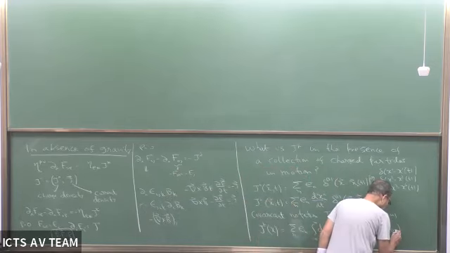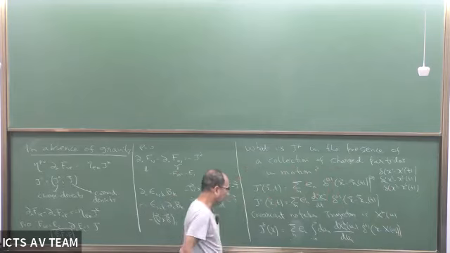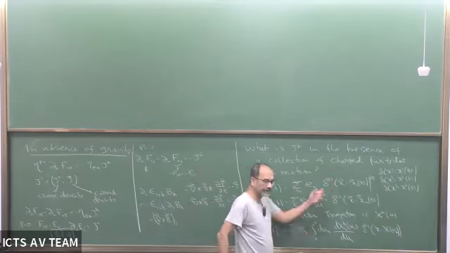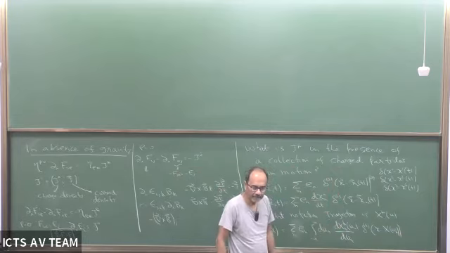Okay. So here I have taken different trajectories to be labeled by different parameters. It doesn't really matter because this is the integration variable. I could have used the same parameter label.